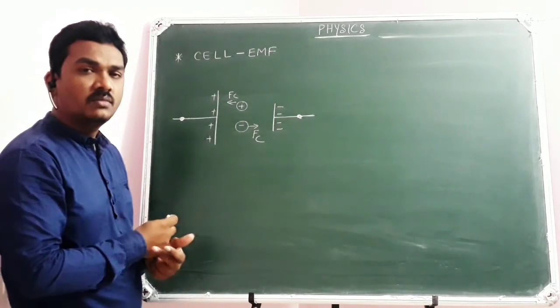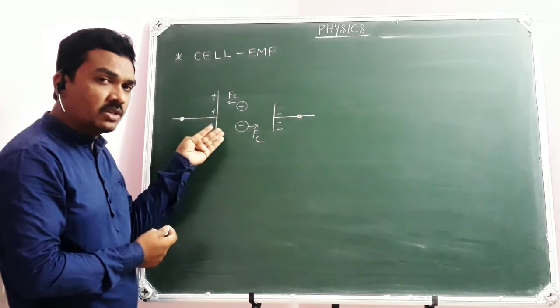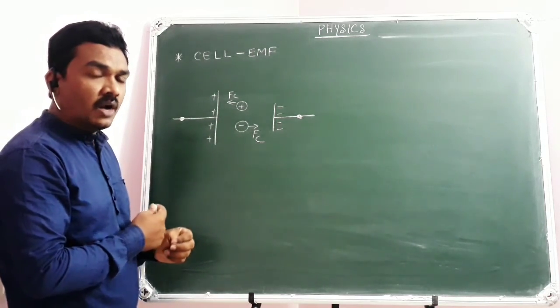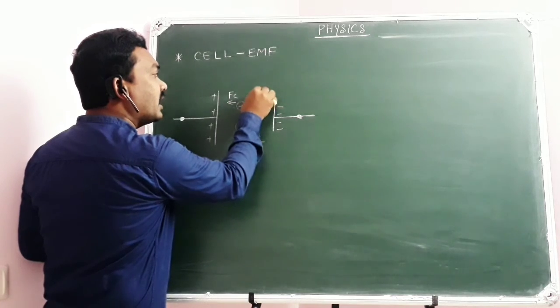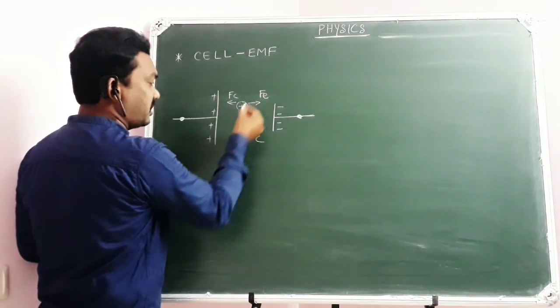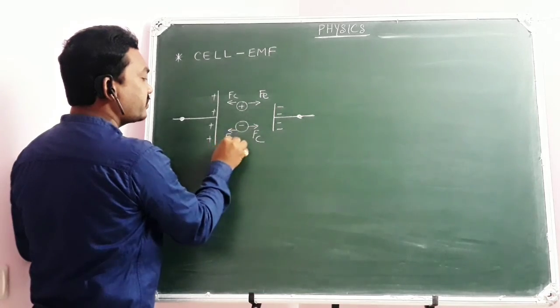You have learned this. But you know very well, as long as the ions are depositing on the plates, after some time, they experience a sufficient electrostatic force of repulsion that keeps them in equilibrium.